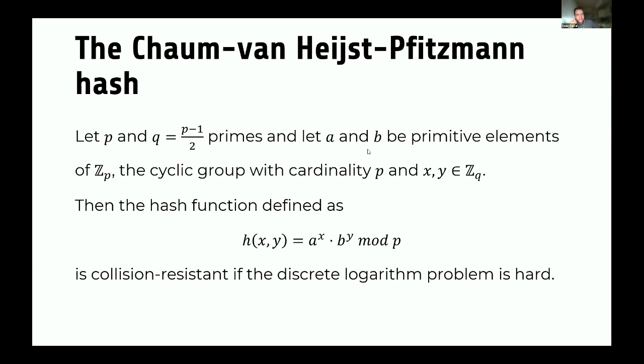So basically, it hashes two values together, x and y, and x and y here are elements of a cyclic group with cardinality p, which is a big prime number. And if we want to hash x and y, then the hash value will be a to the x times b to the y modulo p. And here a and b are two primitive elements of the cyclic group.